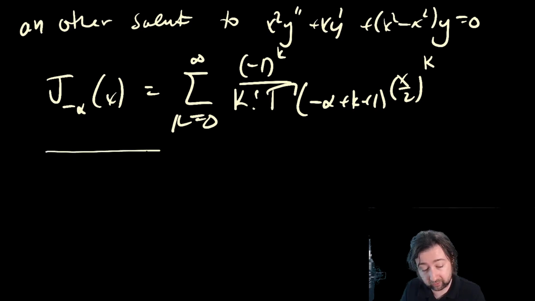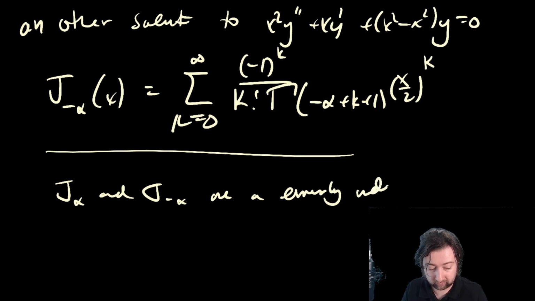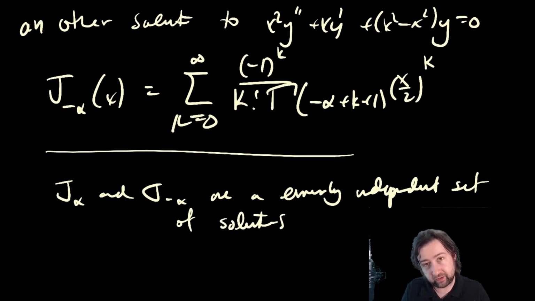So what we know right now is that J alpha and J minus alpha are a linearly independent set of solutions. But since we know that J alpha and J minus alpha are linearly independent, then any linear combination of them is as well.